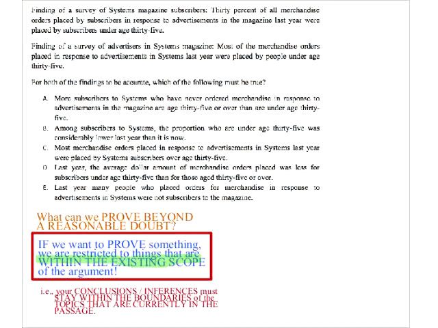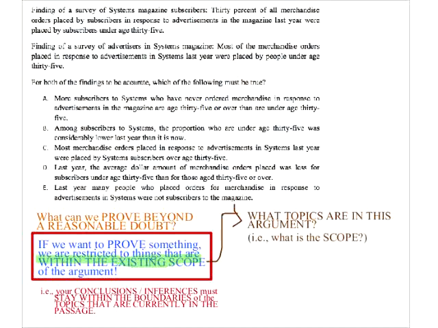So let's look at what topics are even in this argument in the first place. In other words, what's the scope of the argument?